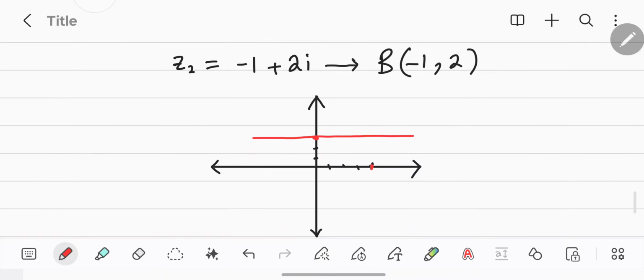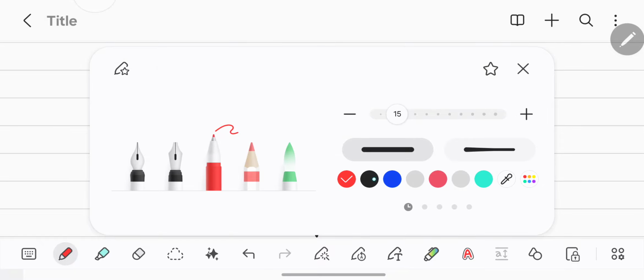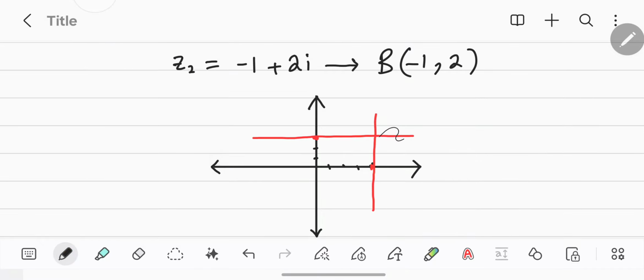On this component and the other component, I draw both straight lines, and then we will check where the point is where they meet. This is the point where they are meeting. Okay, so we will say this is the point A, and A is 4, 3.